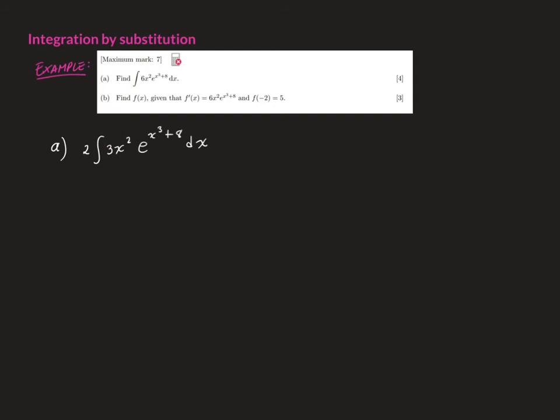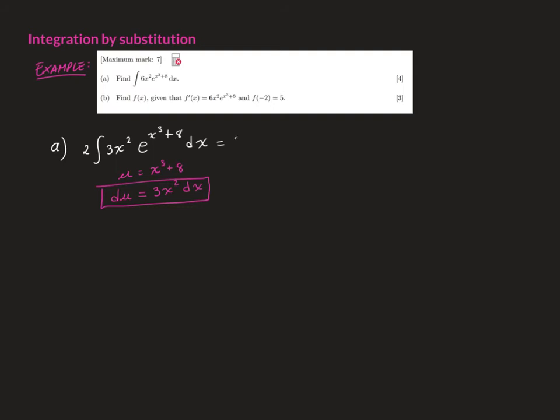Now what I want to do next is to substitute. So I'm going to define the variable u as x to the power of 3 plus 8. I'm going to differentiate it and find the differential du, and that is 3x^2 dx. Now that I have that, I can proceed with the substitution.